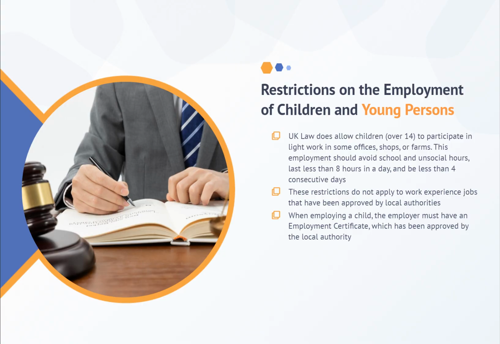This employment should avoid school and unsocial hours, last less than 8 hours in a day, and be less than 4 consecutive days. These restrictions do not apply to work experience jobs that have been approved by local authorities. When employing a child, the employer must have an employment certificate, which has been approved by the local authority.